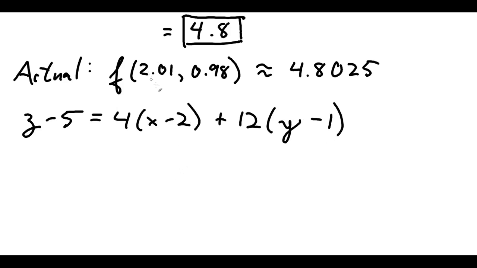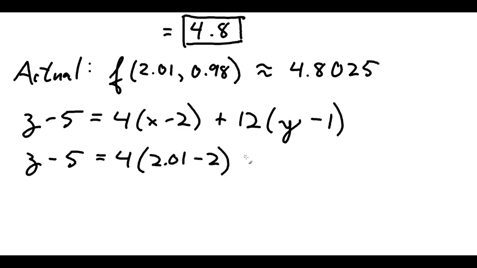Now again, if we want to approximate this at the point (2.01, 0.98), now we plugged this into the simplified plane equation, but what if we go back into the original plane equation? So we have z minus 5 equals 4 times (x is 2.01, minus 2), plus 12 times (y is 0.98, minus 1).